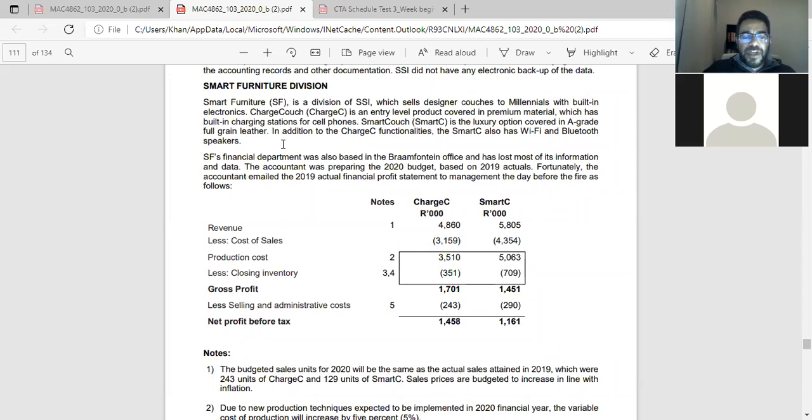So when a question says, dear student, please determine or please calculate the cost of a product, what must go through your mind? You must tell yourself the cost of a product is made up of 3 things: direct material, direct labor, and manufacturing overheads.